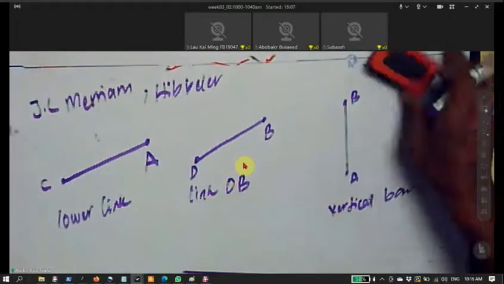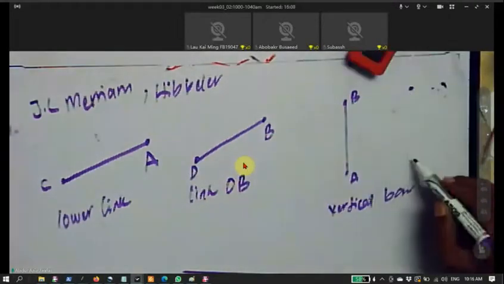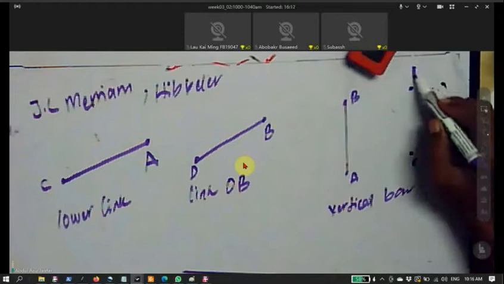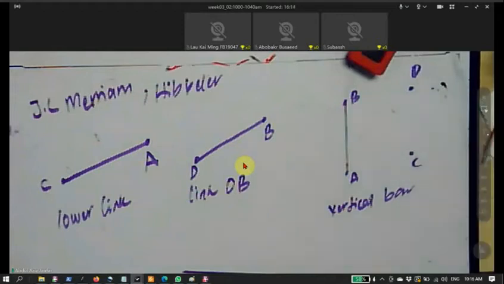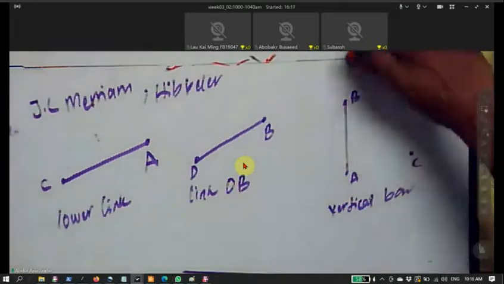Actually, we have stationary, fixed points C and D, and then we have point C. It is like a bearing block.